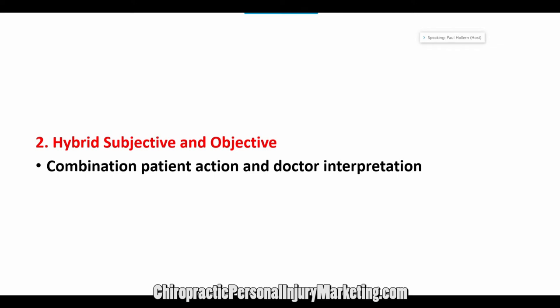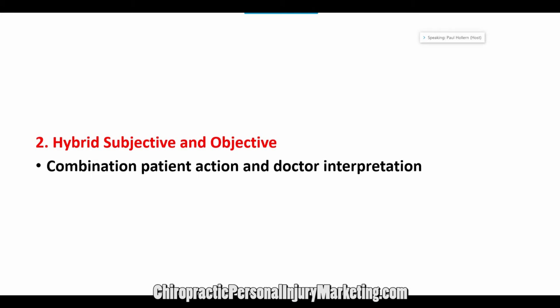An example I give is, if I lined up 10 patients and 10 doctors and had everybody do reflexes and dermatomes, I guarantee you we will have a wide variety of findings. And that's due to the hybrid subjective and objective nature. If they were totally objective, we would not have a wide variety of findings. But again, it becomes important that you're aware of them for credibility and specificity.